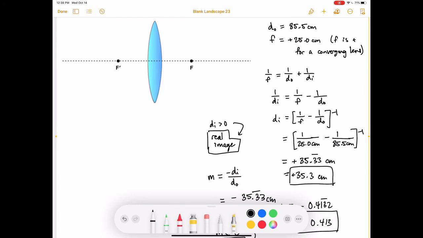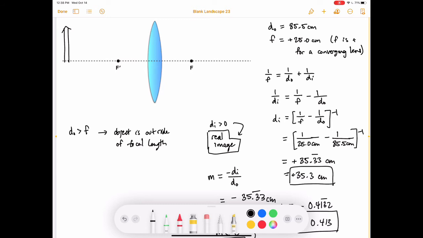So first of all, when we make our ray diagram, we have to keep in mind that dO is greater than f. In other words, the object is outside of the focal length. So when we draw the object, we want it to be, again, outside of the focal length, so maybe somewhere over here would work.